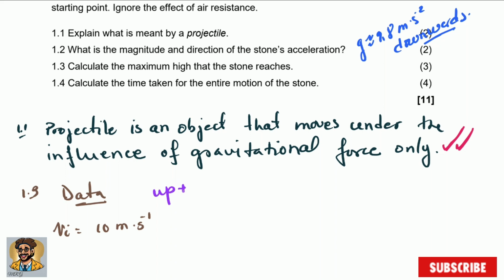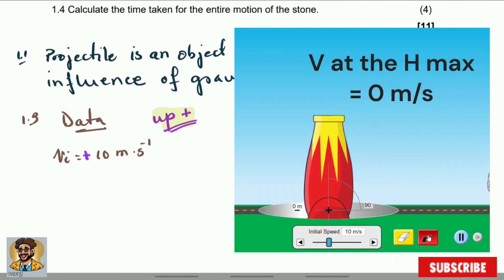And this is very, very important to do, guys. You must always try to do this when you start a calculation question. It means that if up is positive, the initial velocity is positive because the object was thrown upward, is moving upward.